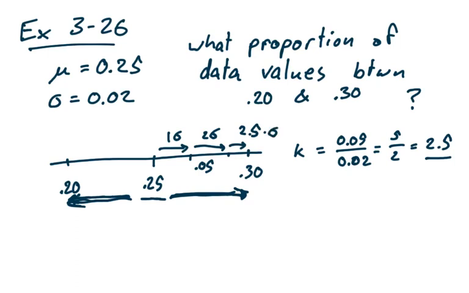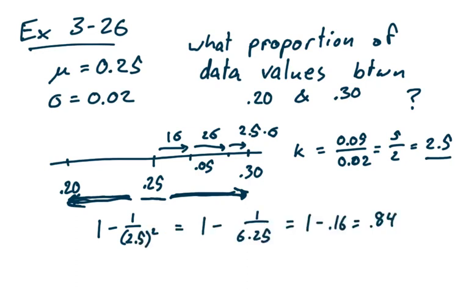And in Chebyshev's theorem, it's fine if k is not an integer, not a whole number. That is perfectly acceptable. The proportion is still going to be the same. We're still going to do the same calculation. So we're going to have 1 minus 1 over k squared, and we're substituting in 2.5 in place of k.